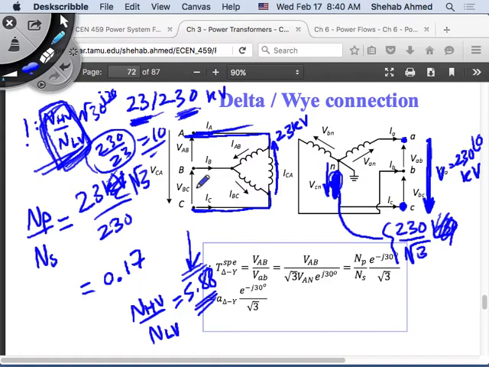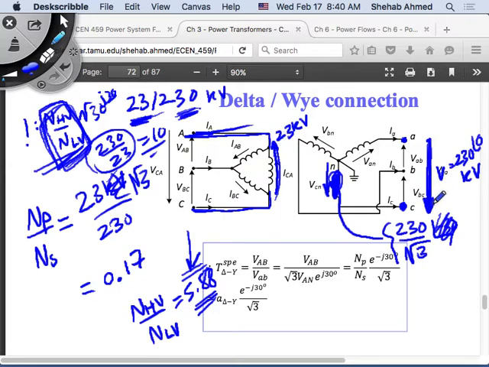There's a square root of 3 that you need to take care of. Because in the case of a 3-phase transformer with such terminal ratings, this is the 23 that they're telling you about, and this is the 230 that they're telling you about.